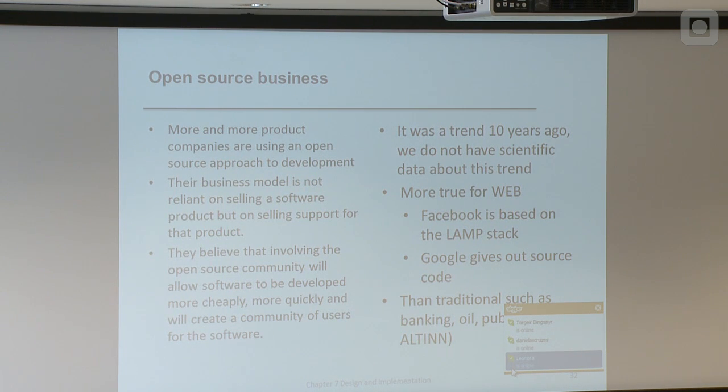It's true for new kinds of development like Facebook, which we all know is based on the LAMP open source stack, but it's not so true for systems in the traditional sectors like the oil sector, like the public administration. We see that Altinn, for example, that we have been talking about several times, is not open source. So it's a complicated and open topic.